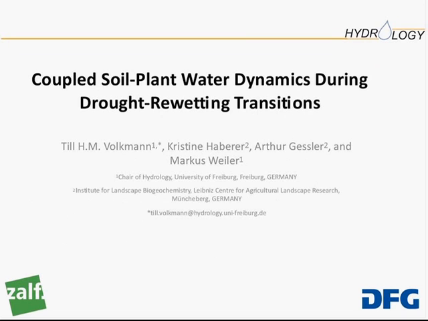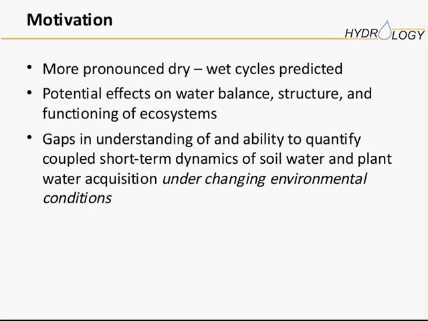Good. Moving to my second example, that's a study, also a DFG project that my PhD student Till Volkmann mostly works on, together with Christine Haber and Arthur Gessler. They are from the plant physiology part, and the work is on coupled soil plant water dynamics during drought re-wetting transitions. So what is the motivation?